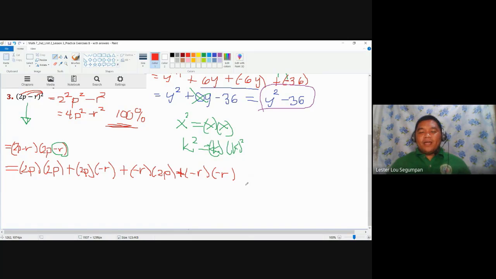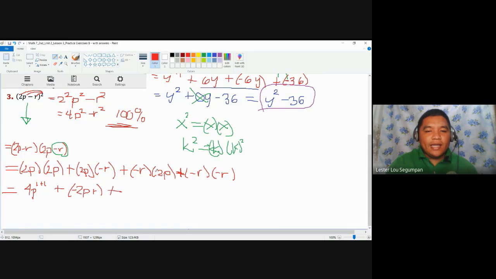These are now the four pairs using the FOIL method, or the unique and stylish way of distributing the terms. And you have here the product of each of the pairs. 2 times 2 is 4, and you have p times p. And then you have here plus 2 times negative 1 is negative 2. p has no partner, r has no partner, they stay as they are.